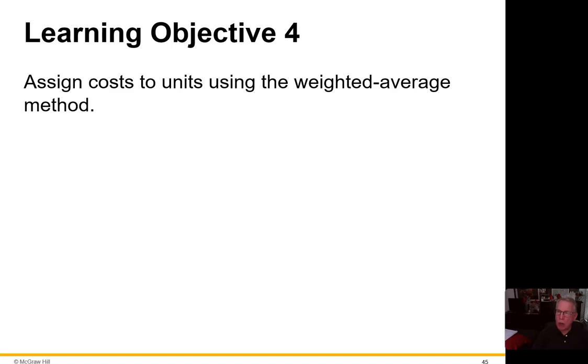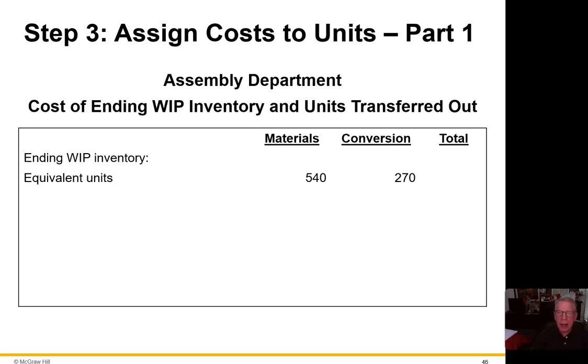Okay, now we're going to assign those costs to units using the weighted average method. And here are our equivalent units, 540 and 270, that we calculated previously in the assembly department. So that's the cost of ending work in process inventory and the units transferred out.